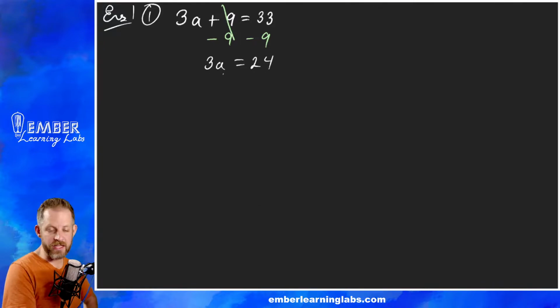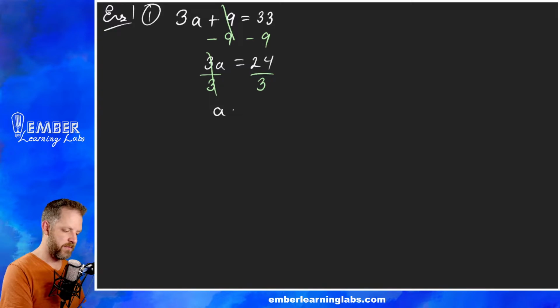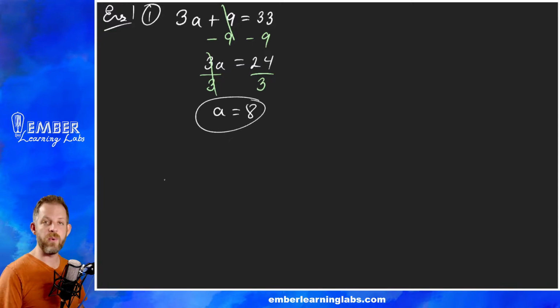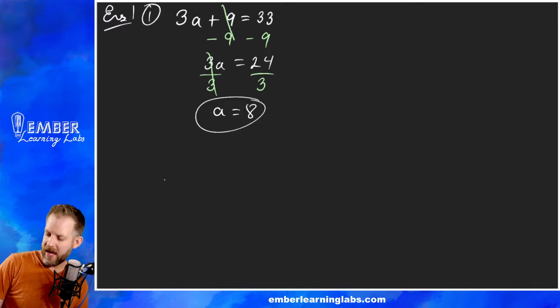So now that 3 is multiplied onto the a, to get rid of it, we're going to divide 3 on both sides. Those 3's cancel, leaving us with just an a, equals 24 divided by 3 is 8. So the answer to this equation is a equals 8.